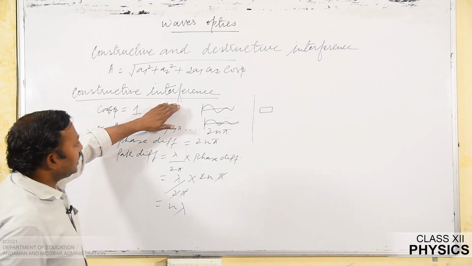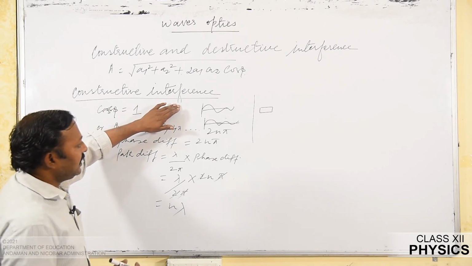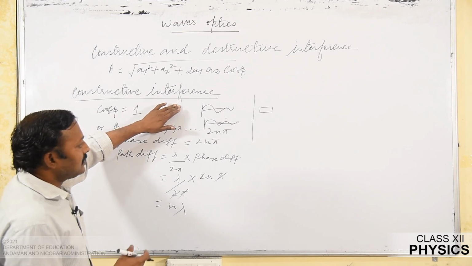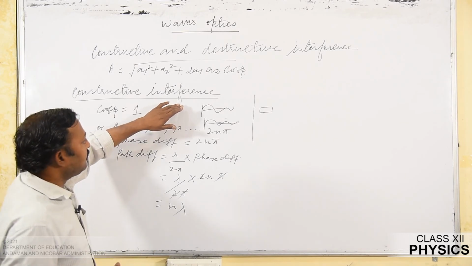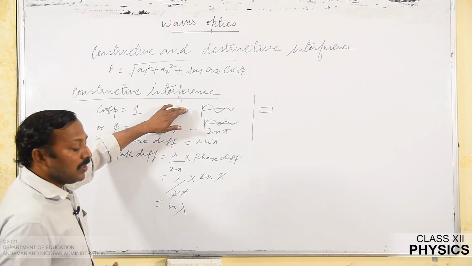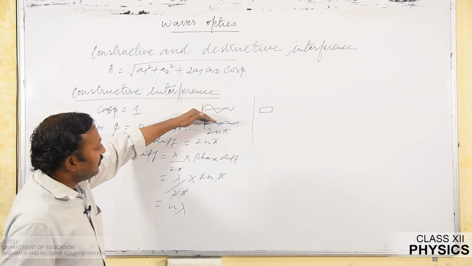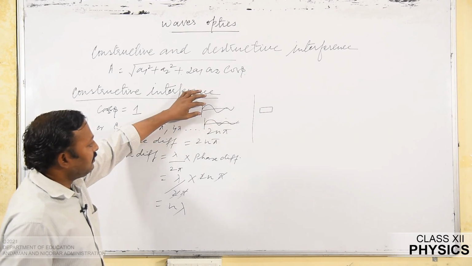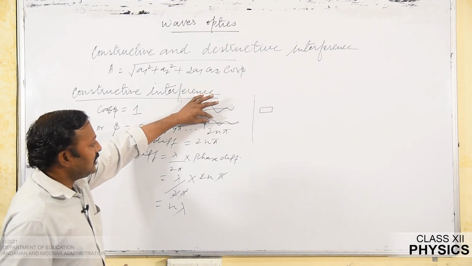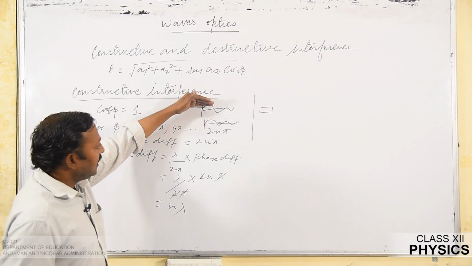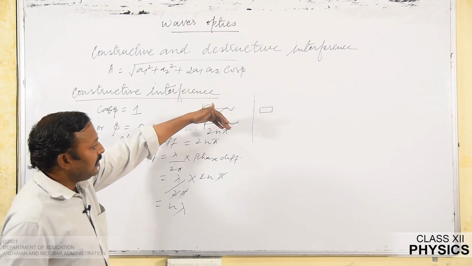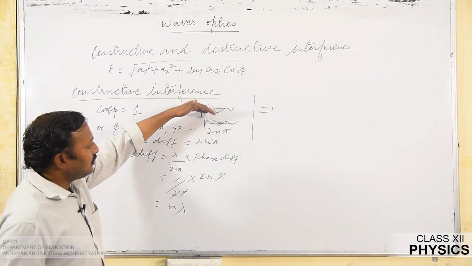Once again, constructive interference is that interference which is obtained as maximum brightness. This maximum brightness is possible only when two waves are travelling in the same phase. That means if both the waves are in the same phase, then the amplitude of the resultant wave will be the sum of the amplitudes of both the waves.